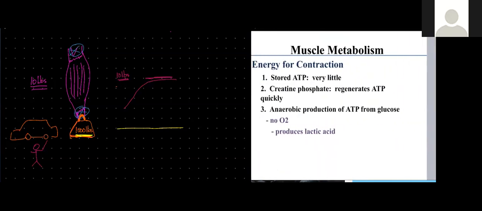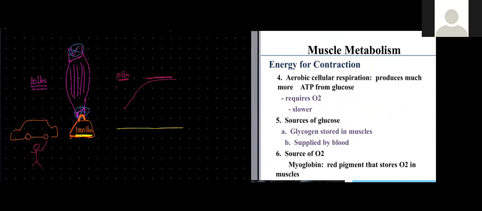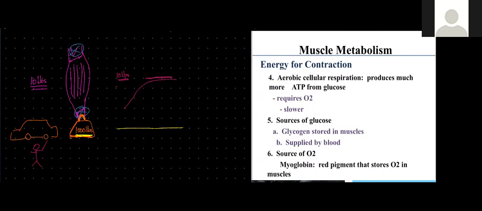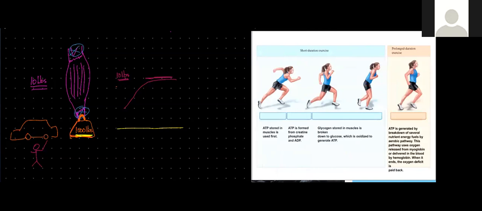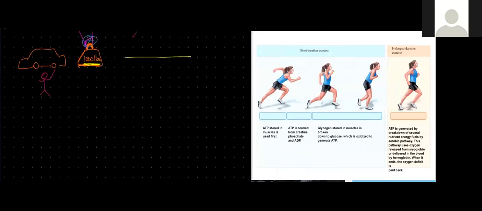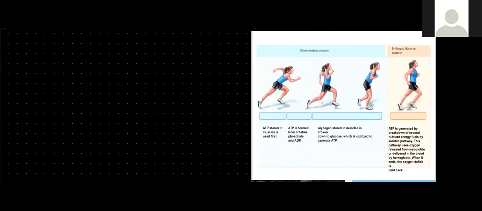All right, so if I'm contracting my muscles, where do I get the energy needed for the muscle to contract? Again, why do you need energy in the muscle? Remember, in order for the myosin to form the cross bridge, it needs an ATP to be attached and hydrolyzed for it to bind to the actin subunits.